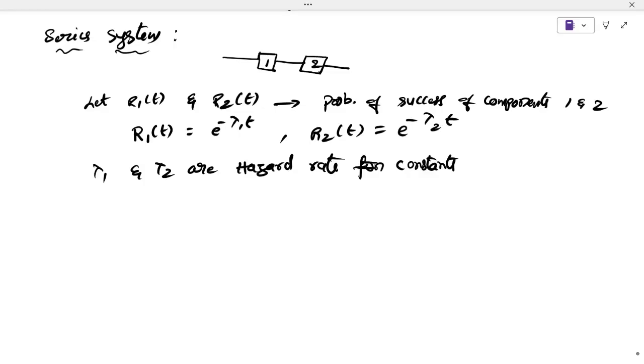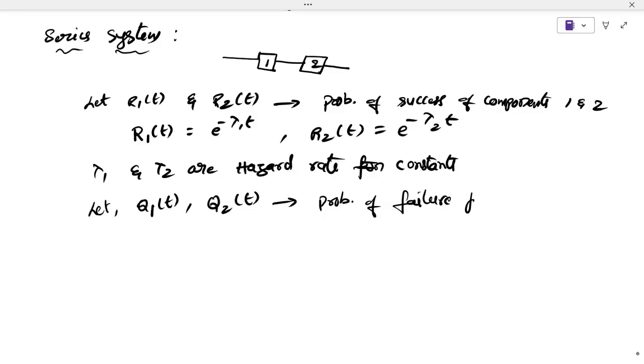Now if you want to represent, consider let q1 of t, q2 of t be the probability of failure for component 1 and 2.